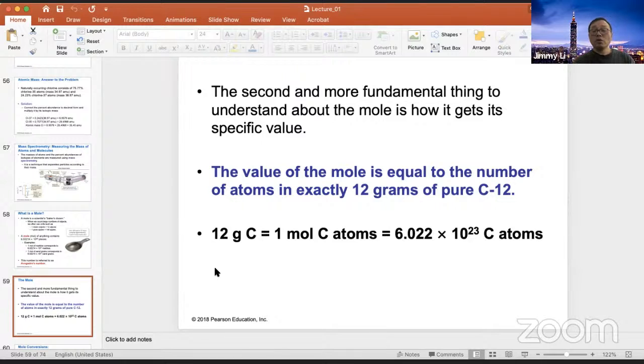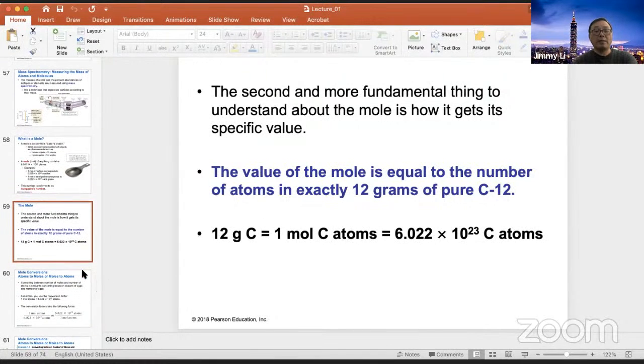It could be associated with anything. So the original textbook definition is this: the value of a mole is equal to the number of atoms in exactly 12 grams of pure carbon-12 atoms. That's what a mole is.